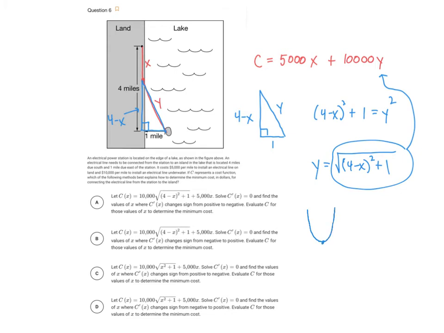And that's derivative 0, and that's a min. So you need a negative, that's where the derivative would be negative, and this is where the derivative would be positive. And that's what creates a minimum. So this is from negative to positive, so that's going to be b.